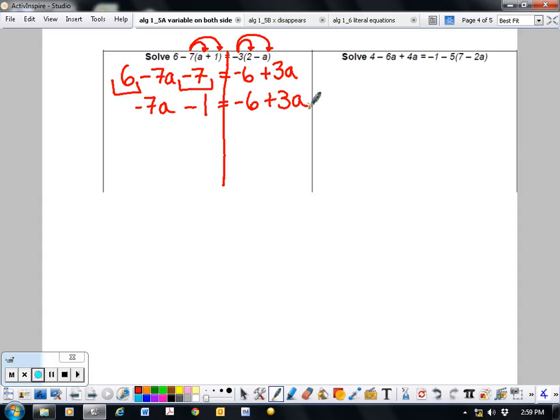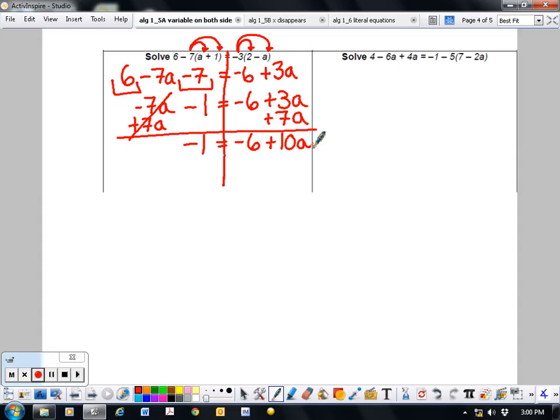I'm going to try and get positives. So if I'm going to move that negative 7a to turn that into 0, I'm going to add 7a, because again, I'm looking at doing that opposite. So I add 7a on both sides. Again, lining up those a's, so that way I know this turns into 0. I'm left with a negative 1 on this side, a negative 6, and this is a positive 10.